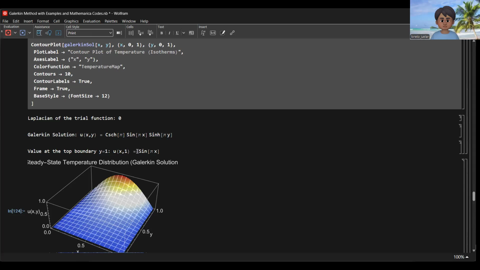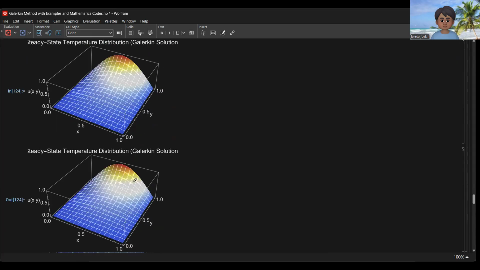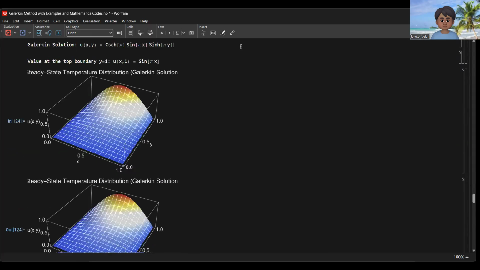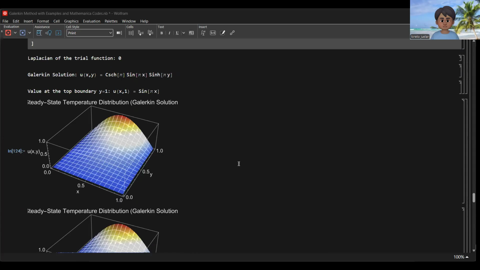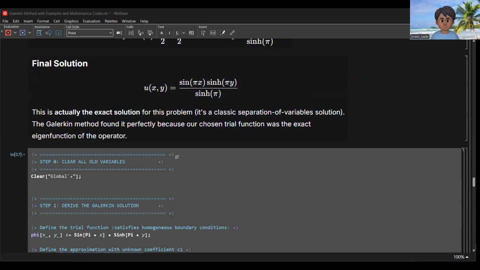So we have the steady state temperature distribution from the Galerkin solution. The Galerkin solution here is the same as the original solution, the exact solution.